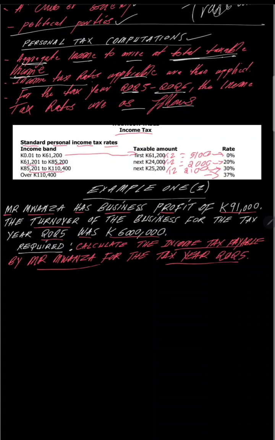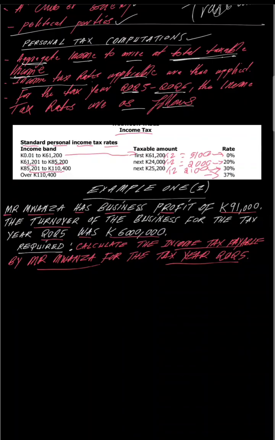Then those that are generating turnover of less than 5 million are liable to turnover tax. So in this case, this business has turnover in excess of 5 million, so it means that this business is liable to income tax.